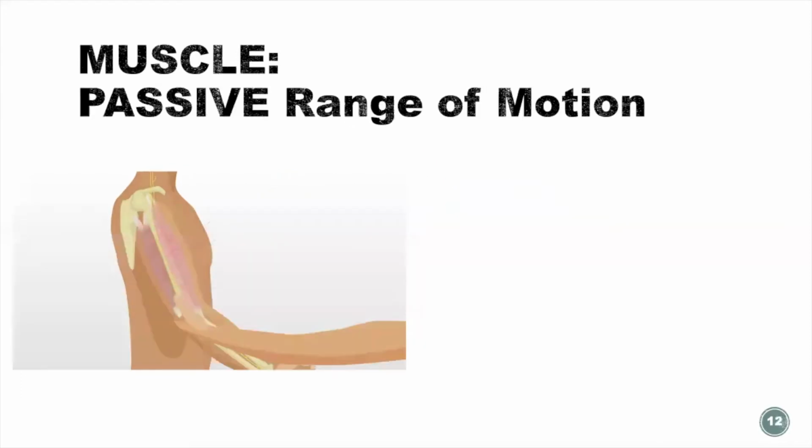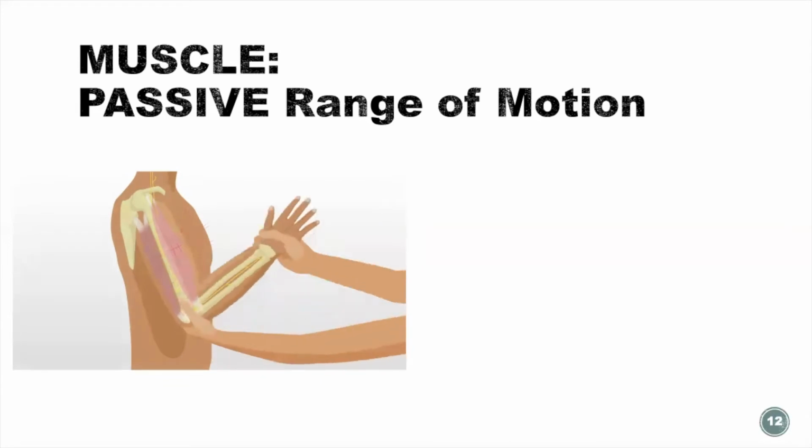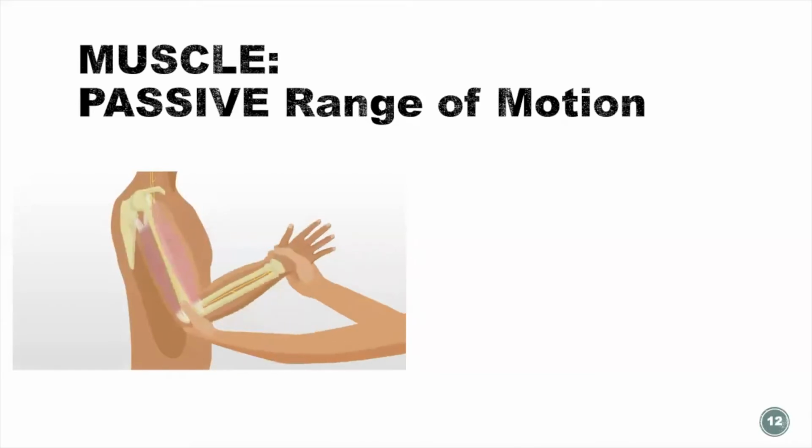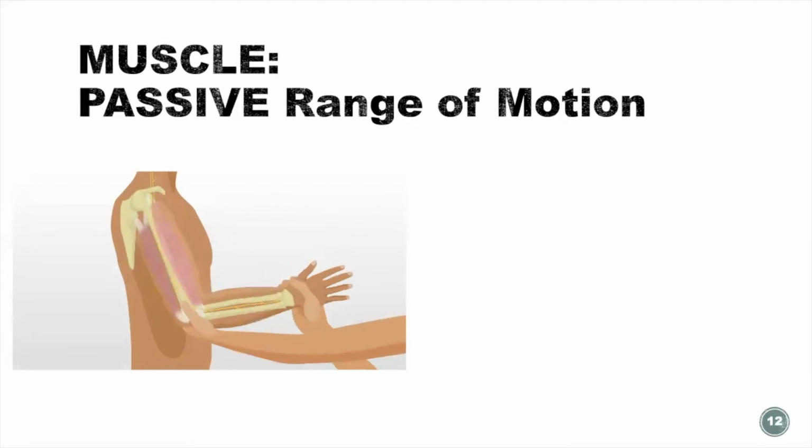Now let's take a look at passive range of motion. So instead of them actively producing that movement of elbow flexion, we're now going to do it passively, where the clinician is actually the one that is moving the elbow for them. So when we're doing it in this type of motion, what we can see is that when they are concentrically doing the motion of flexion, we're not seeing that pain.